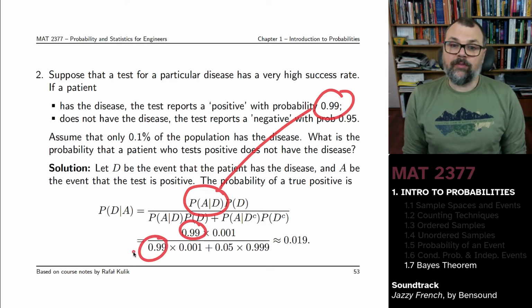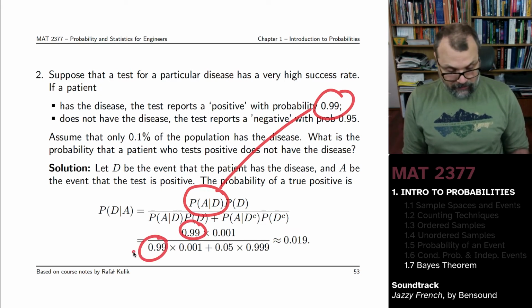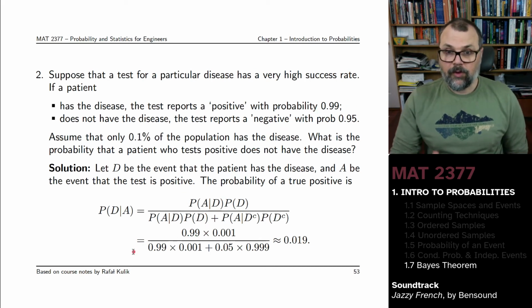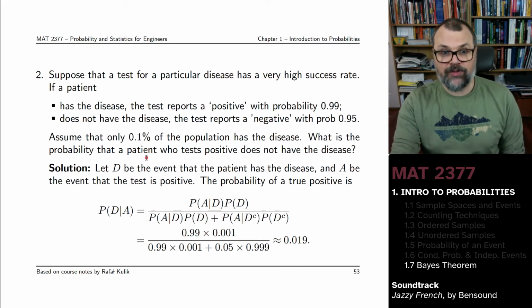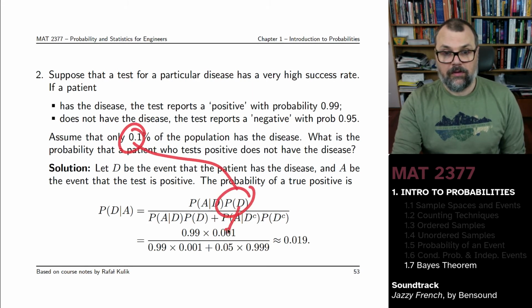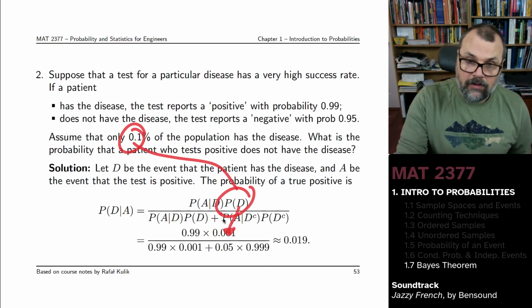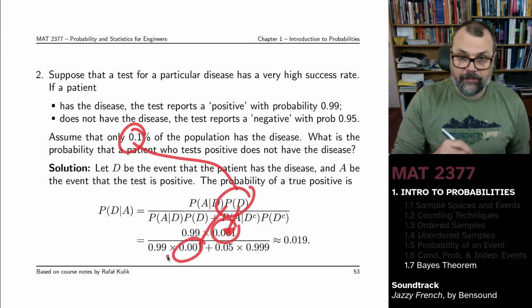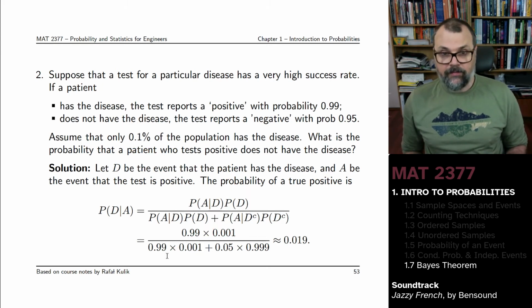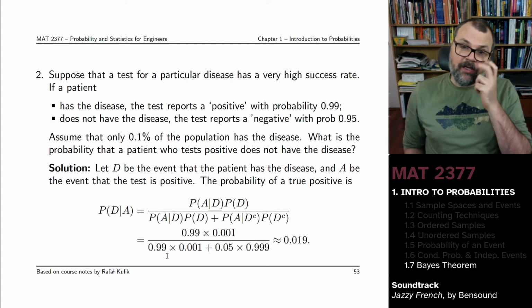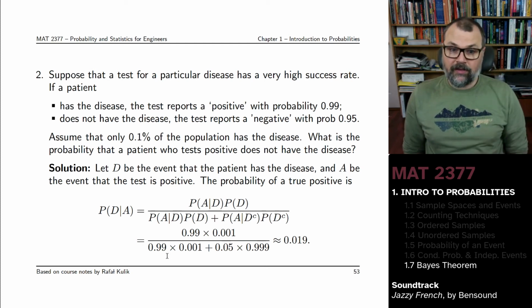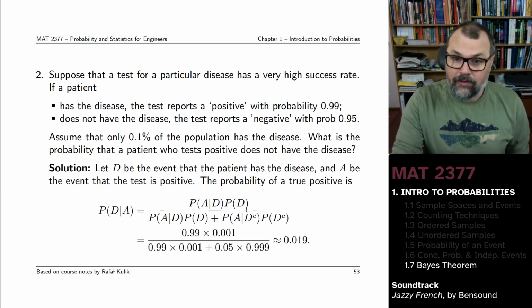Then we need to know the probability of having the disease. Well, we know what the probability is. It's 0.1%. Okay, now we need to know the probability of the test coming up positive if you do not have the disease.